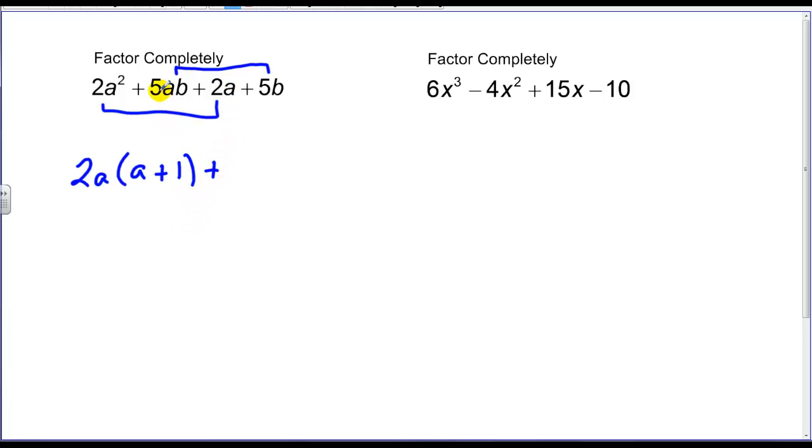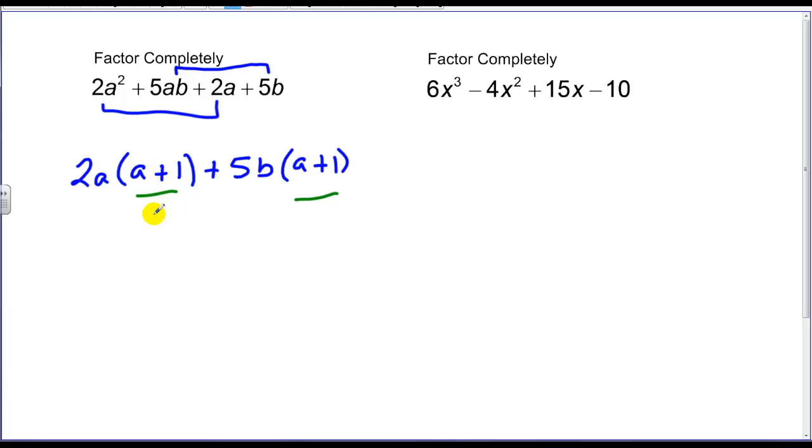Then I need to find the GCF of 5ab and 5b. Well, there's a 5 in common in both, and a b in common in both. And then 5b times what is 5ab? That's just a. And 5b times what is 5b? Again, that's just 1. And you'll notice once again that we have a common term of a plus 1.